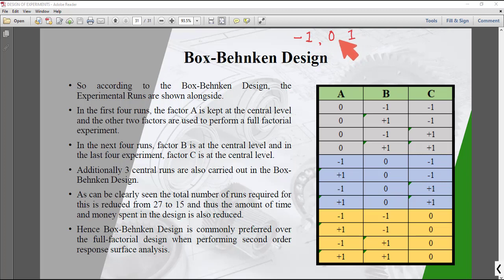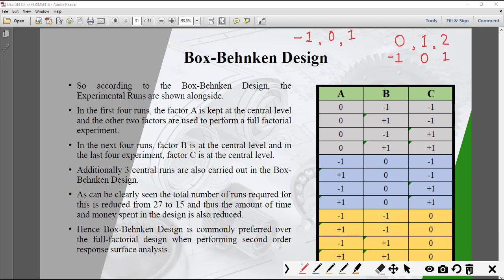See, we have done this in 3 level factorial design sums, right? There we had used 0, 1 and 2 notation. Instead of 0 we are using -1, instead of 1 we are using 0, and instead of 2 we are using +1, right? That is the same thing.